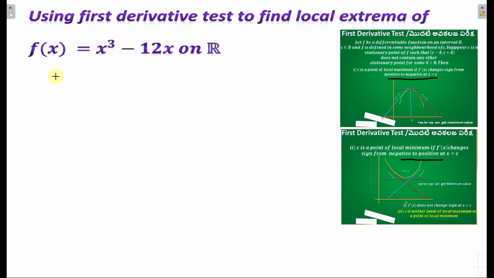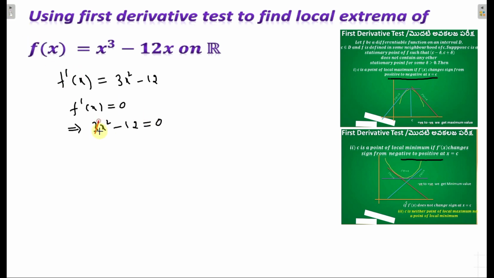So first to find the derivative of this function, differentiate both sides with respect to x. f dash x is equal to, I will get x cube derivative is 3x square minus 12, x derivative is 1, 12 into 1 is 12 here. Now f dash x is equal to 0, this implies 3x square minus 12 is equal to 0.